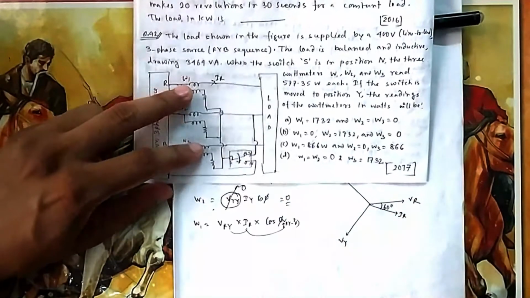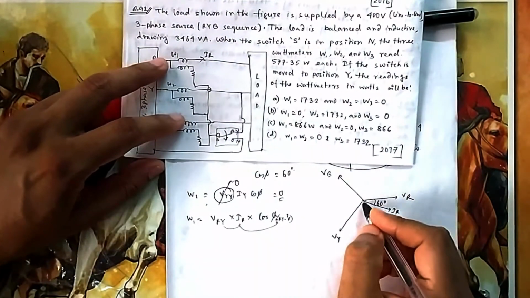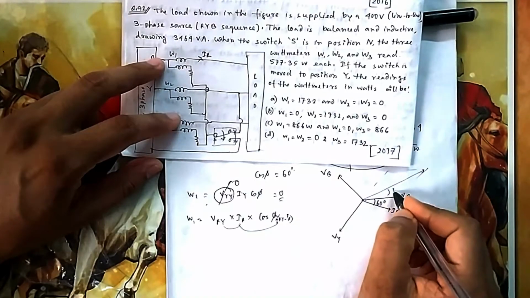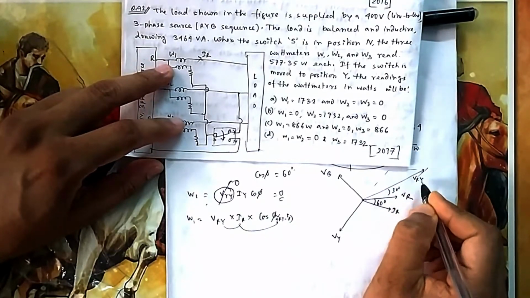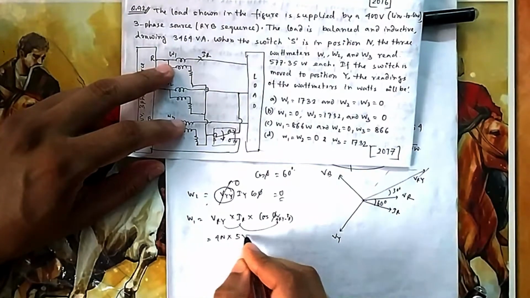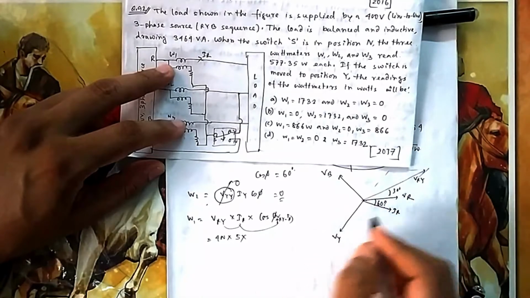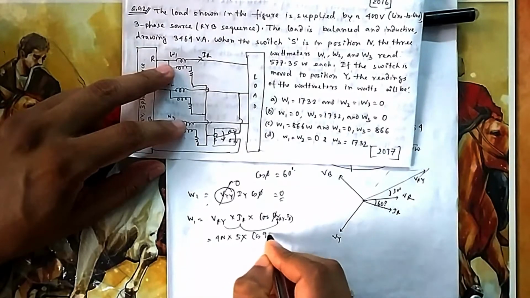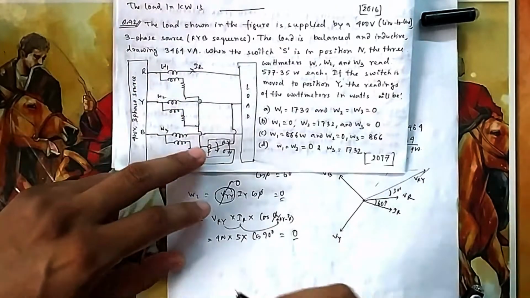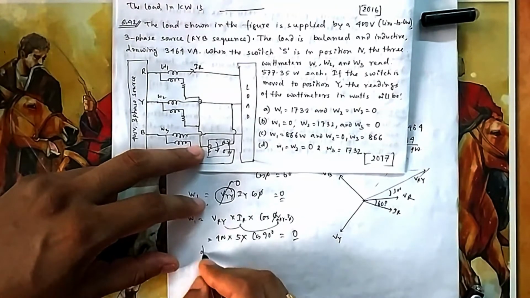You have to calculate the angle between these two. So what is your VRY? VRY will be this one, leading by 30 degree, and the VRY magnitude is 400, it is line to line. What is IR? The magnitude is 5. So the angle between these two is 30 plus 60, cos 90. What is cos 90? 0. So wattmeter 1 is also 0. Now you can give the answer. That is your option D.